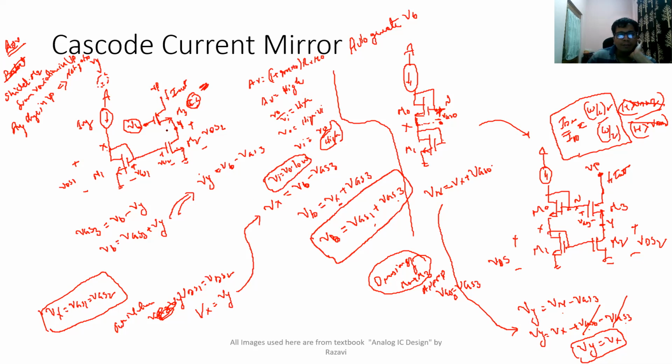For a common gate, this is the input and this is the output. So if there are large voltage variations in VP, that large variation will be multiplied by a very low value, which means the resultant variation at the input is going to be very, very small. That is why this cascode current mirror shields this device from variations in the VP voltage, and because of that, this transistor will produce exactly the same current.